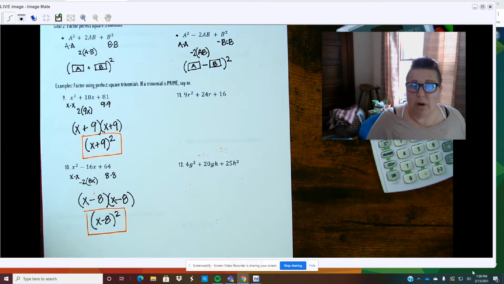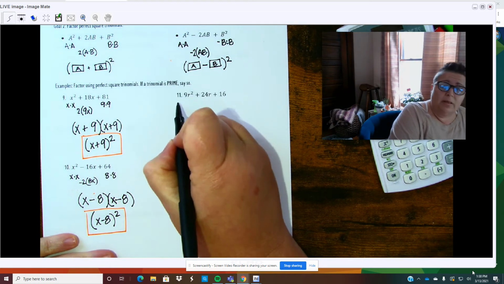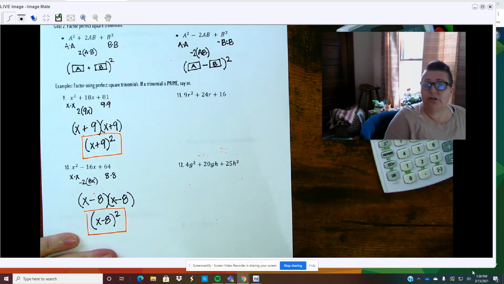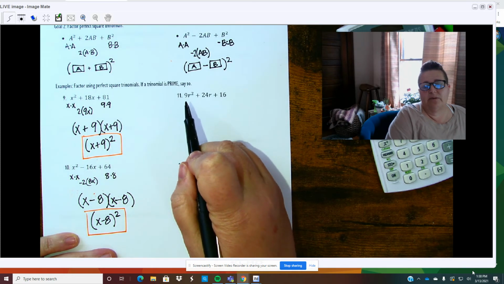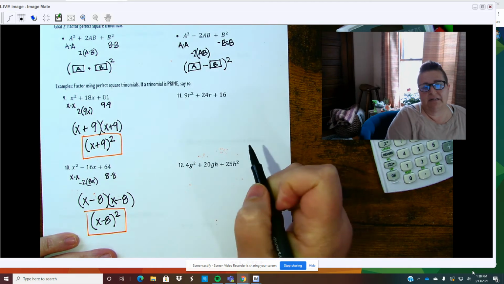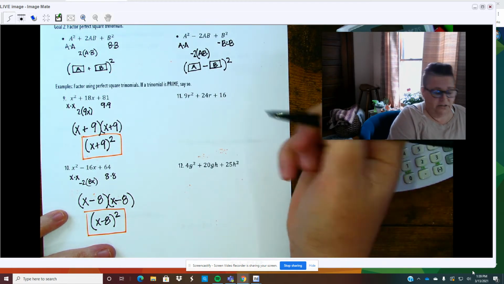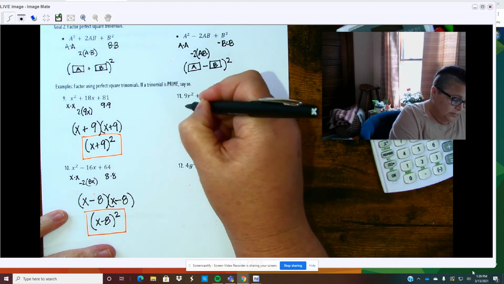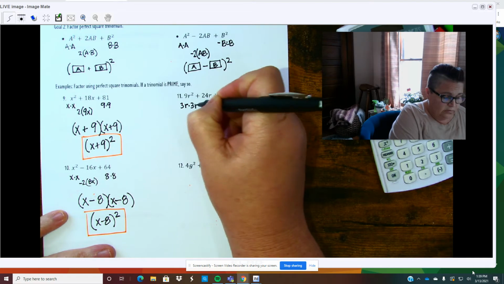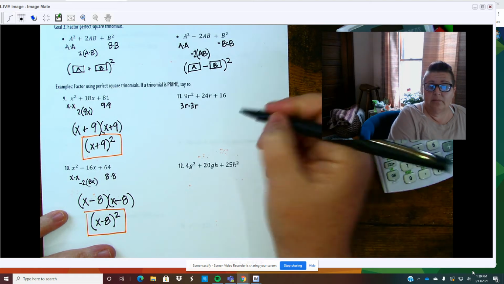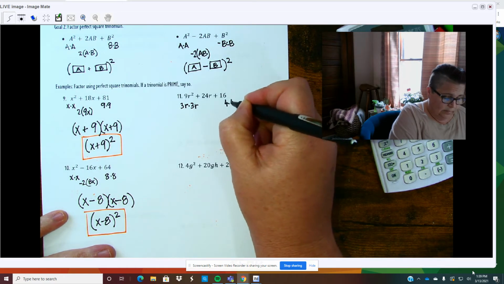Okay, what if there's a coefficient? No big deal, we got this. With number 11, we have a 9r squared. The first thing I want to do when I see a leading coefficient is check for a common factor. Is there a number that goes into 9, 24, and 16? There is not. So, since there is not a common factor, I'm then going to check. R squared is r times r, but 9 is also 3 times 3. So this could be 3r times 3r. 16 is also a perfect square, 4 times 4.